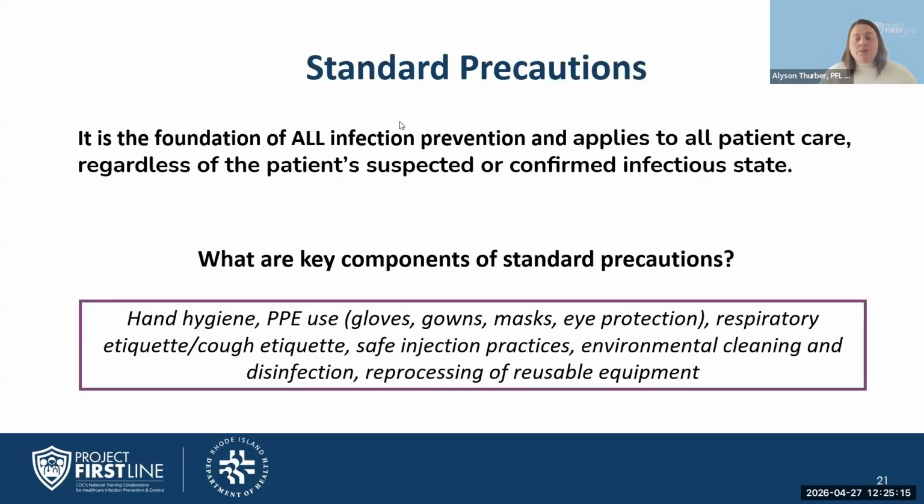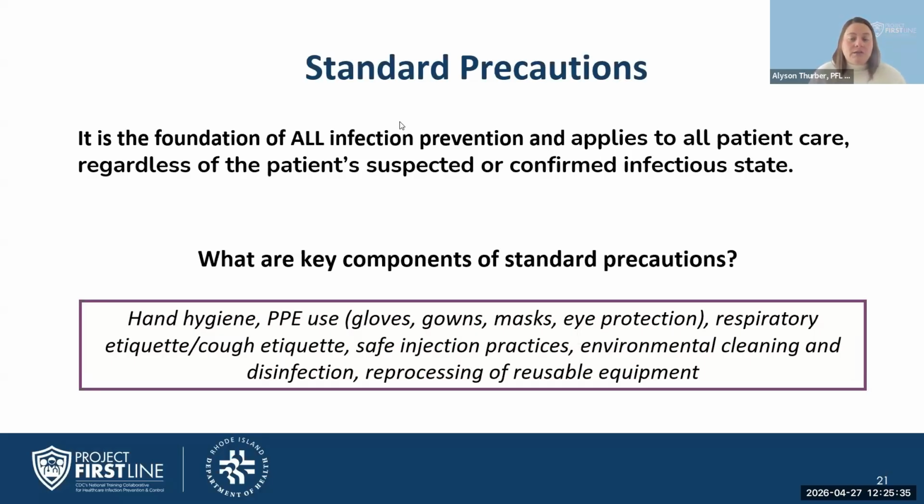Standard precautions, which we'll go over first, are a set of infection control practices used to prevent transmission of diseases that can be acquired by contact with blood and body fluids. They apply to every resident in every interaction. These practices are based on the principle that all blood and body fluids, secretions, and excretions may contain infectious agents.